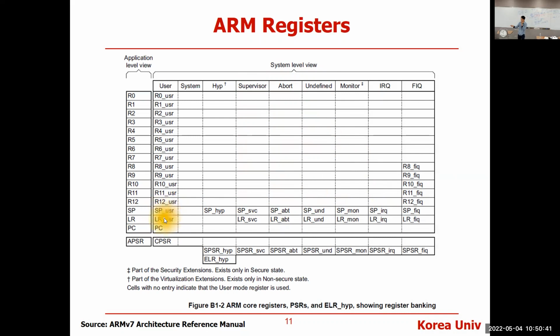So you are not using the user-mode SP and LR. When you switch to supervisor mode, you access the supervisor registers. In assembly programming, let's say you execute the SVC instruction, a software interrupt instruction. Then you eventually branch to the ISR, and you are in supervisor mode.